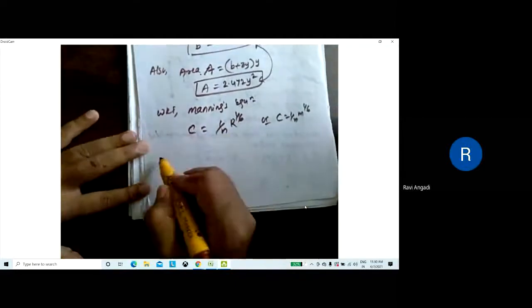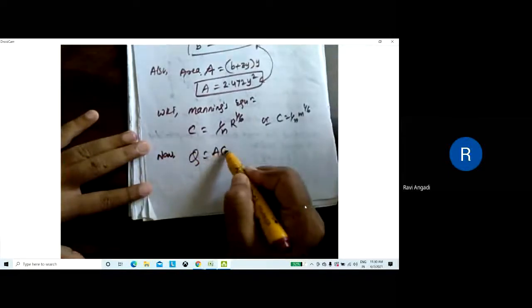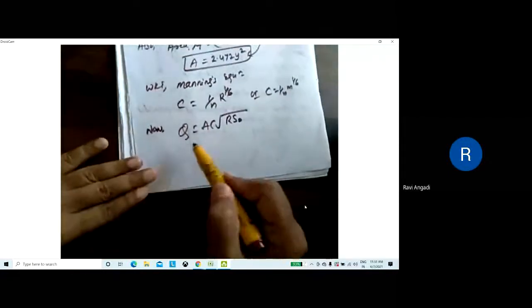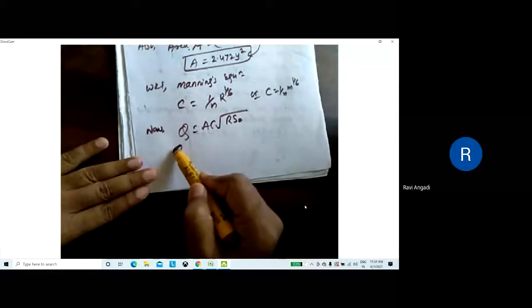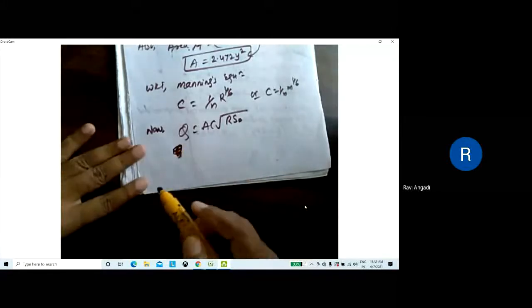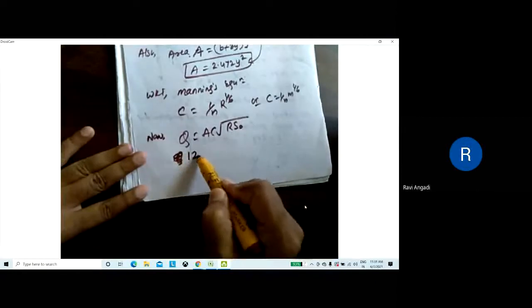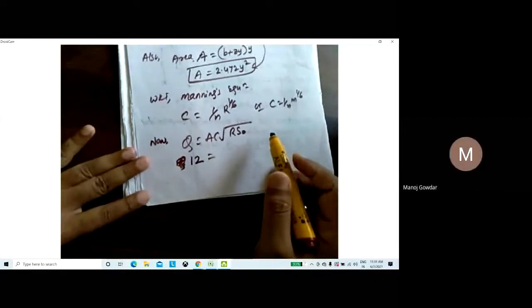Then from this, you can use Q equal to what? AC root of R S0. Then, after calculating this, Q is given. How much is it? Is it 12?